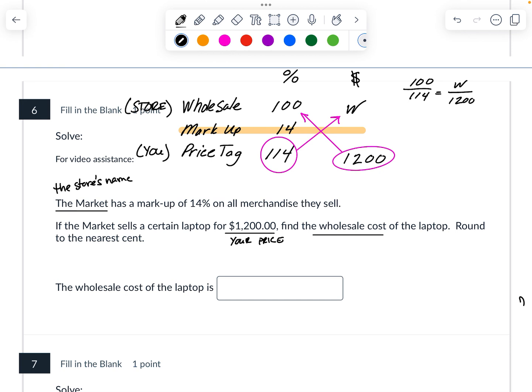And then we would cross multiply and divide. So when we multiply, we have 114 W equals 1,200 times 100. So that's 120,000. And then we divide by 114.